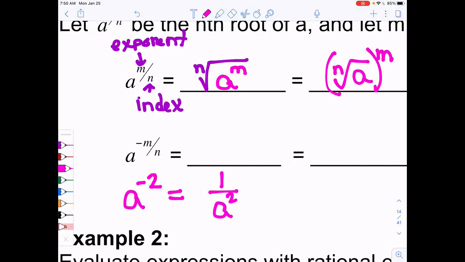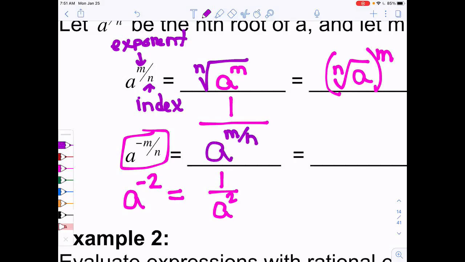So if I have a negative exponent, to make it a positive exponent, I have to take it and place it underneath the value of 1. So the whole thing becomes a fraction. And then my exponent becomes positive. So a negative exponent is always placed under the number 1 to make it a positive exponent. And then I could take it a step further and write it in radical form.